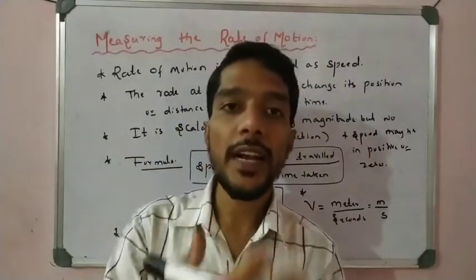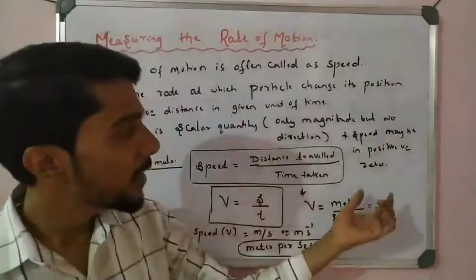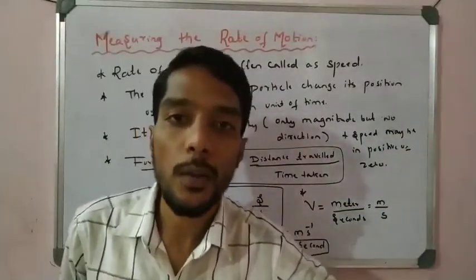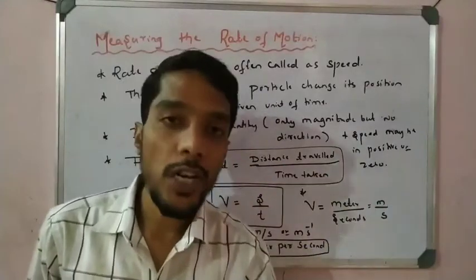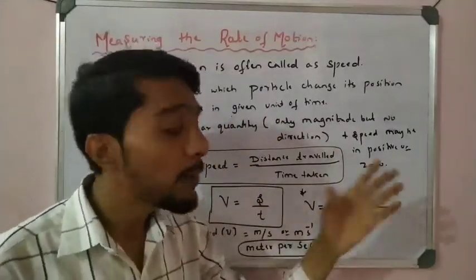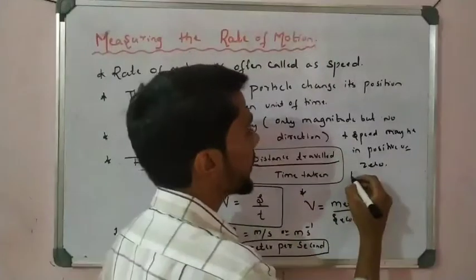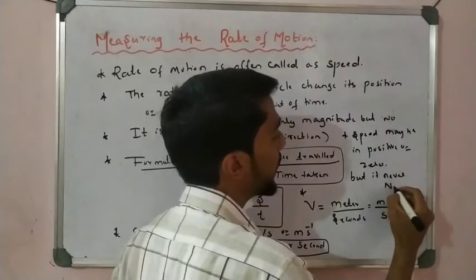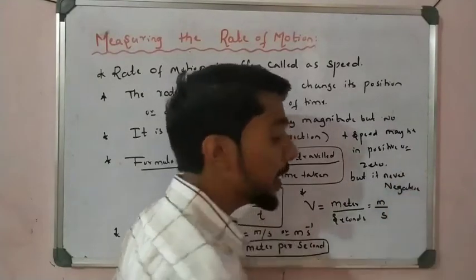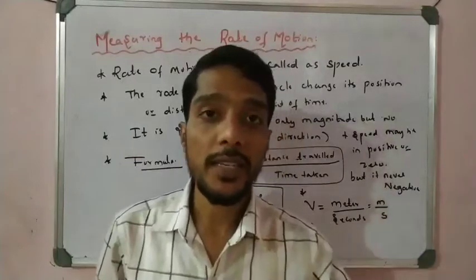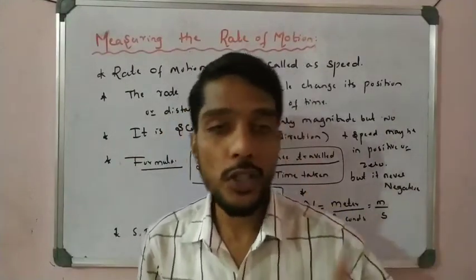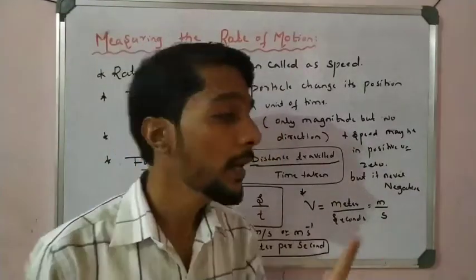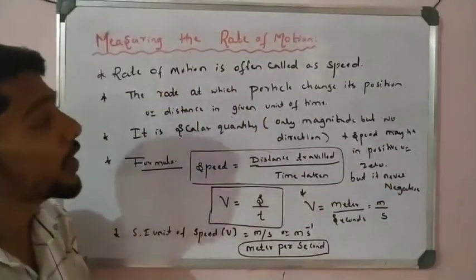So speed may be positive, like 10 meter per second, 20 meter per second, 30 km per hour, or it may be 0, but it is never negative. We never take the value of speed as -10 or -20. It is always positive or 0, never negative. You have to remember it.